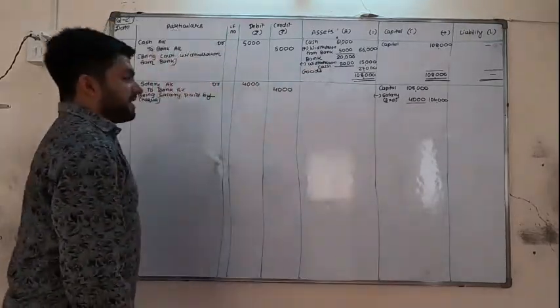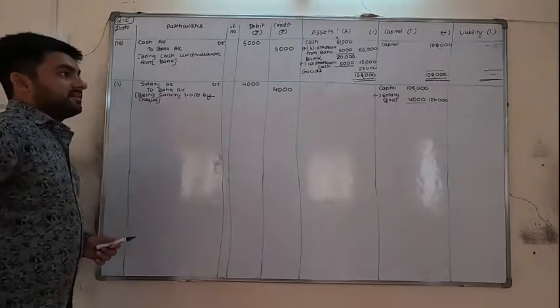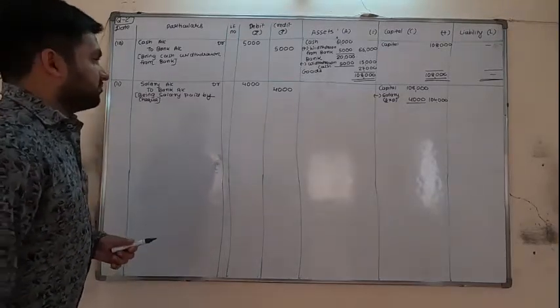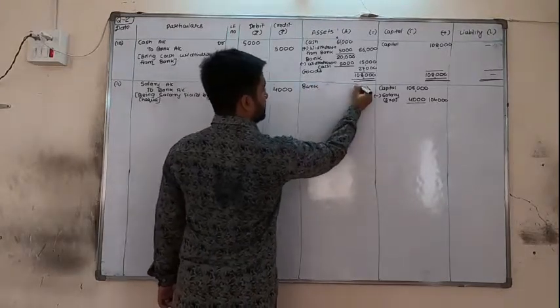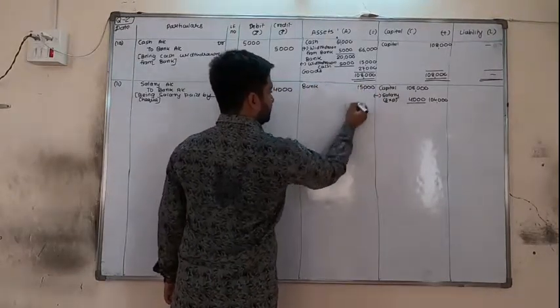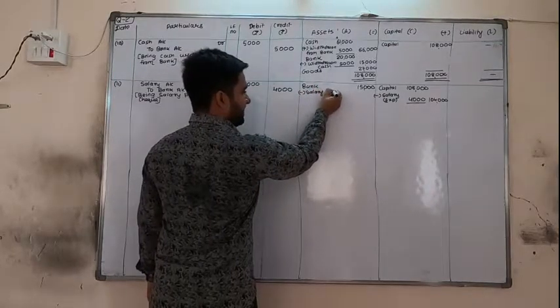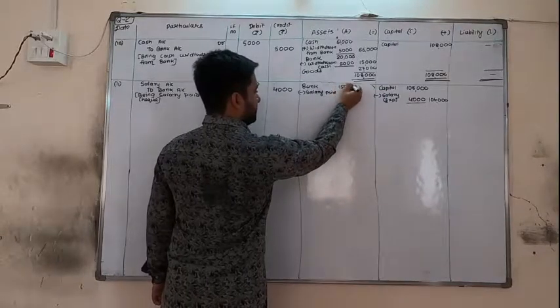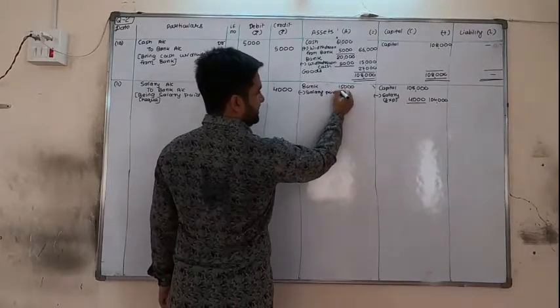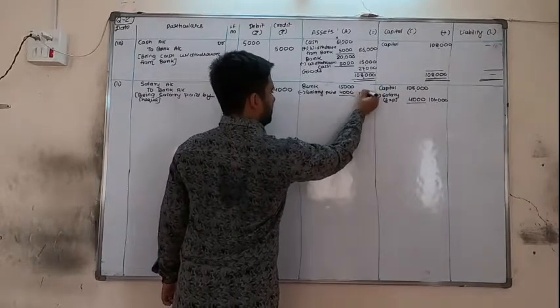We are paying to bank. So bank is the giver. Bank was 15,000. Salary paid is 4,000. So now bank would be 11,000.